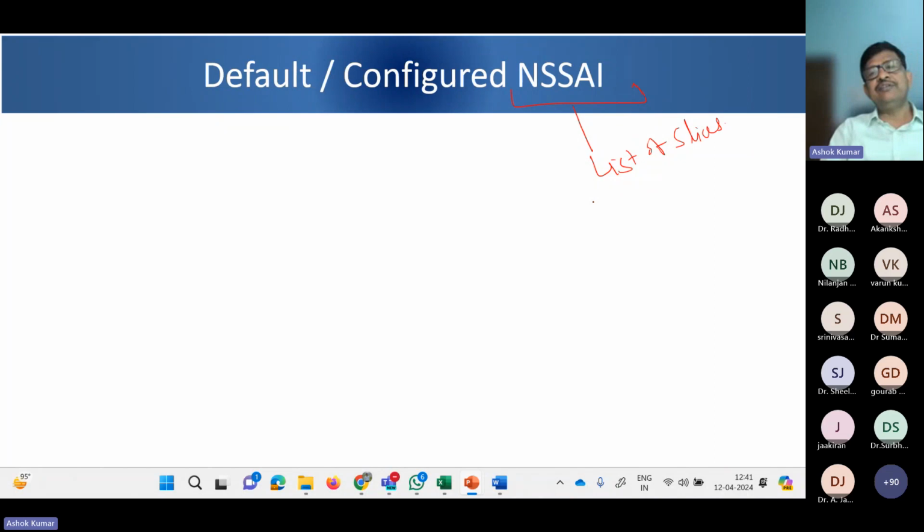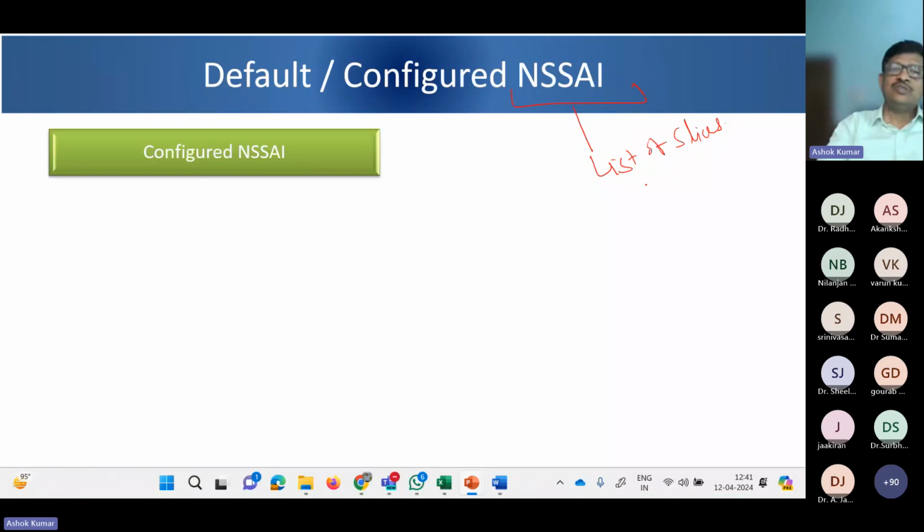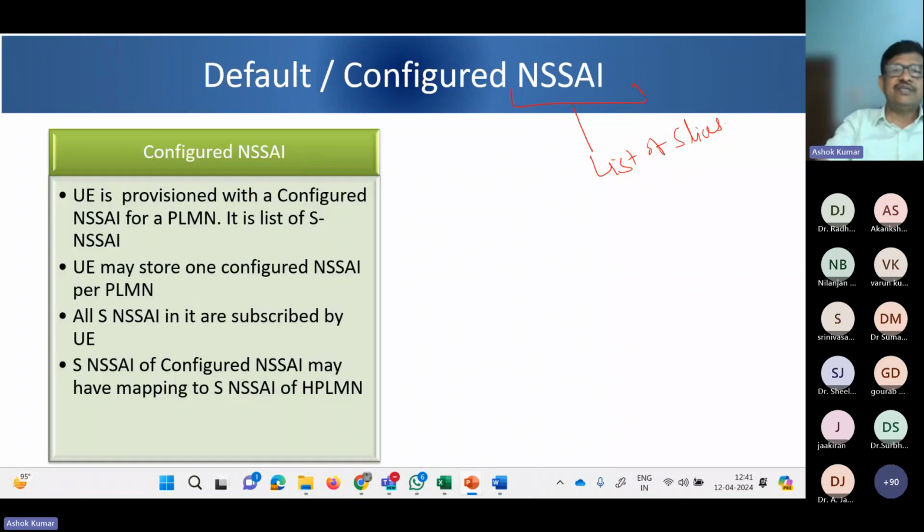So there'll be a certain default list of slices, and there'll be a configured list of slices. So what are those? When I say configured, basically the UE is provisioned a set of slices, which is called configured slices for a PLMN. And I'm talking about the configured one, right?